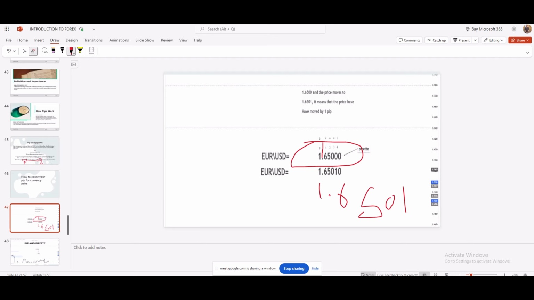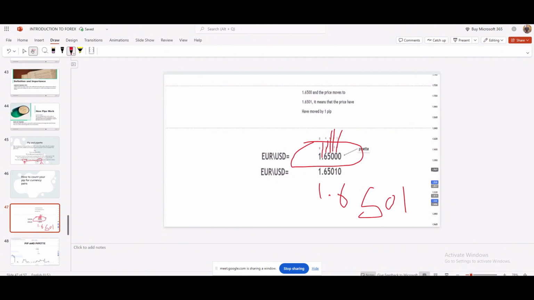This 6 is our first number after the decimal point, so we name them 1, 2, 3, and 4. Any other numbers apart from this first 4, even if the numbers go up to 1,000,000, we don't call it a pip. We refer to it as a pipette. So you are not going to be focusing on any number after the fourth one.